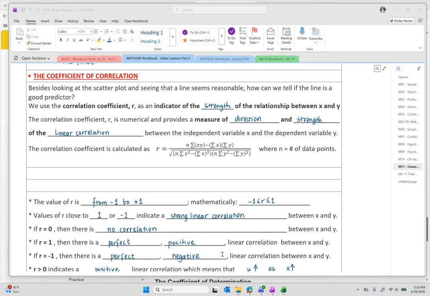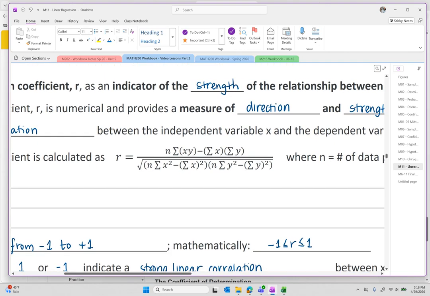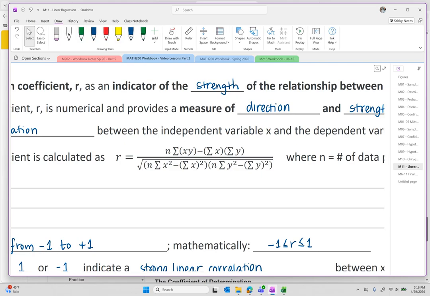It is a complicated operation between several sums. The first sum is the sum of the products of the X and Y values, the pairs. The next two sums are multiplied together, so this is the product of the sum of the X values and the sum of the Y values. In the denominator, we have the square root of another product.